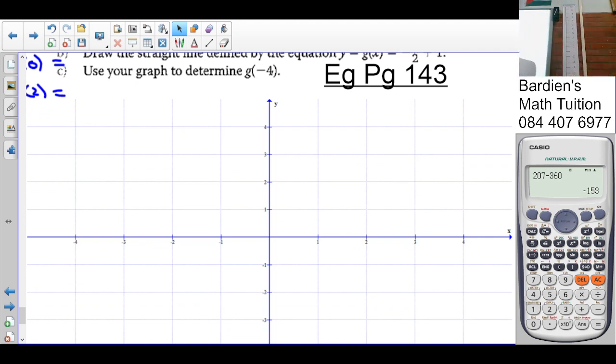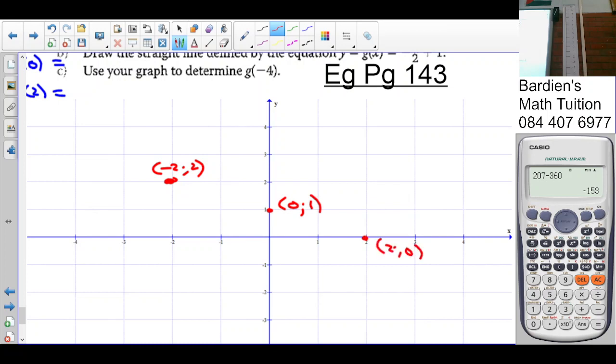Right, so let's draw. So what is the first coordinate? Negative 2 and 2. Not so. And then 0 and 1. Then 2 and 0. Not so.